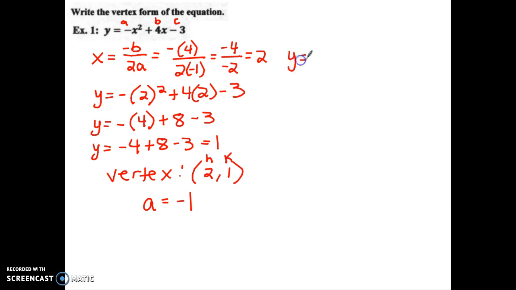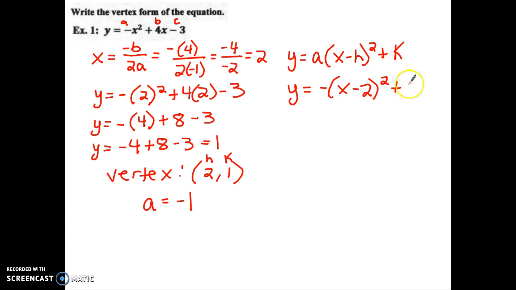We know that the vertex form is Y equals A times X minus H squared plus K. So all I'm going to do is just plug these values in. Y equals negative 1, do I really have to write that 1? No. So I'm just going to leave it as a negative. X minus our H value, 2, squared, plus our K value, 1. And you have now written that in vertex form.